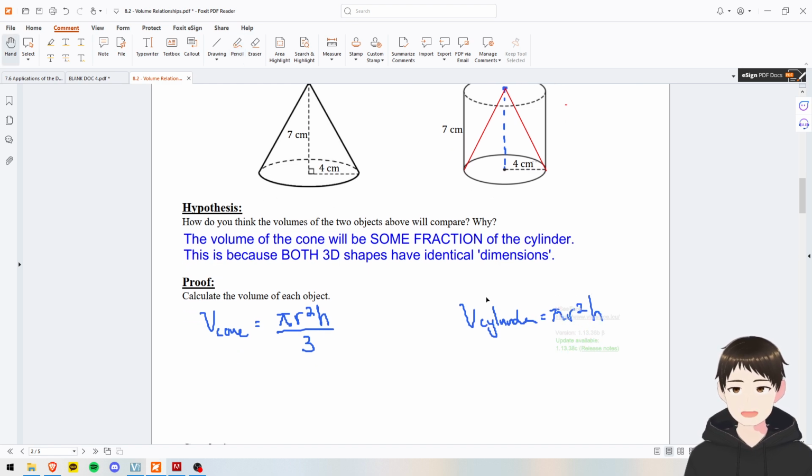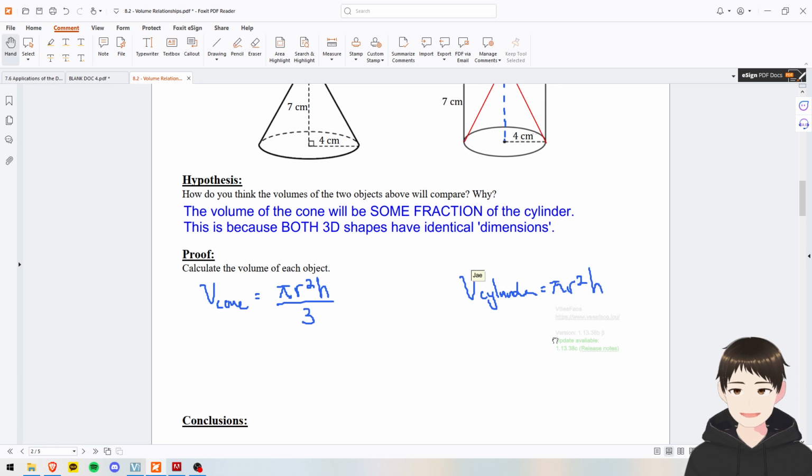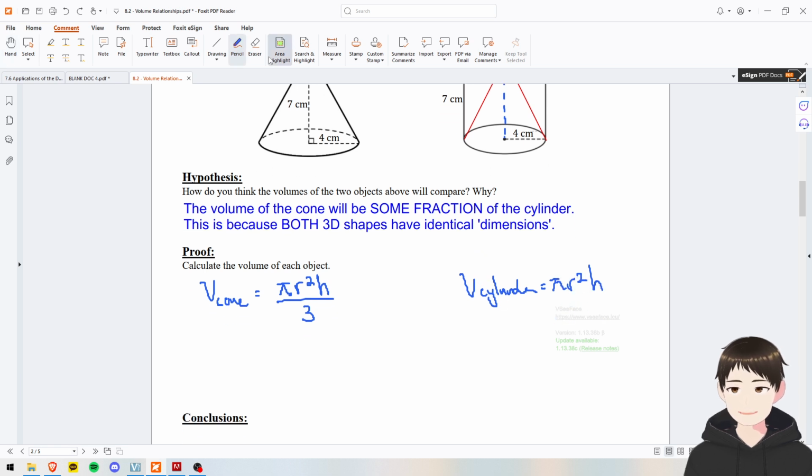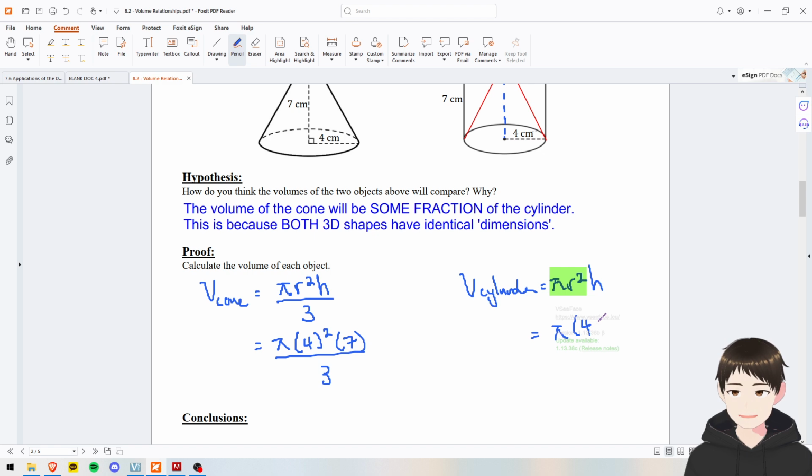And I hope even while I'm doing this that you're not looking at the equation, but rather you do recognize, again, it's the area of the face times the height every single time. Area of the face times the height for prisms. So pi r squared height divided by 3, pi r squared height.